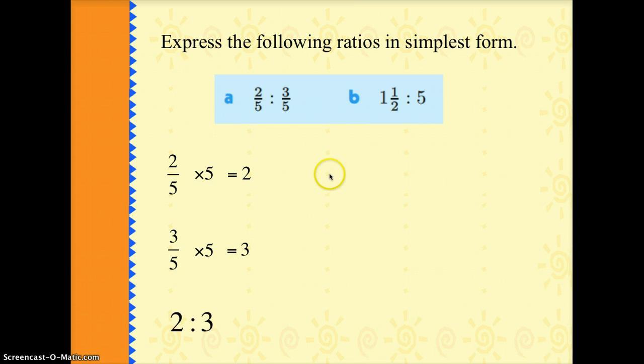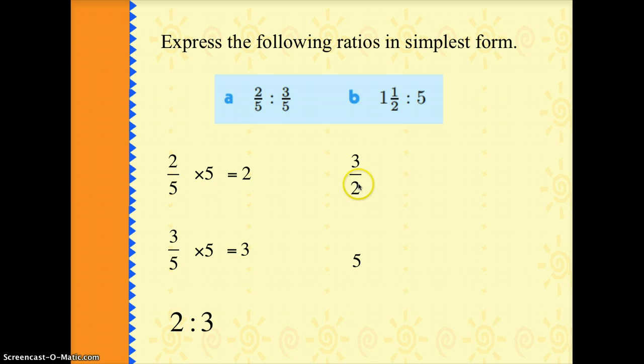That's your simplest term. For letter B, 1 1/2, this is a mixed fraction. The best thing to do is to make this an improper fraction. So 1 1/2 is the same as 3/2, and I will write 5 again down here. Okay, the idea is to multiply it by the denominator.